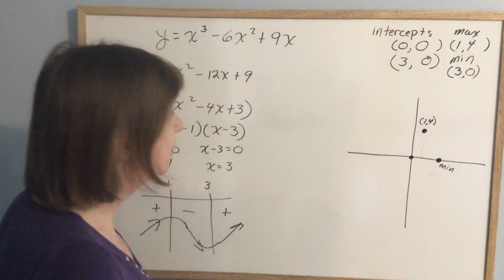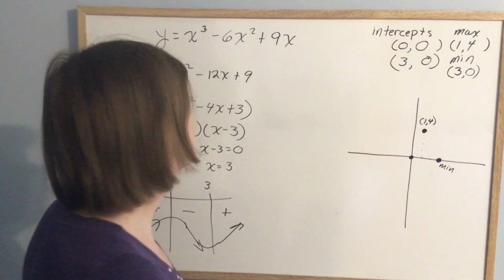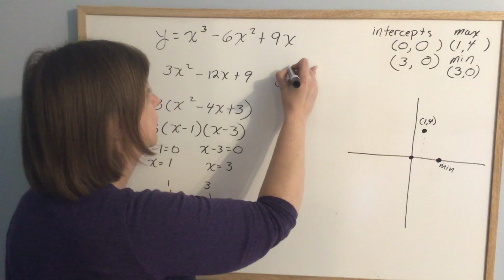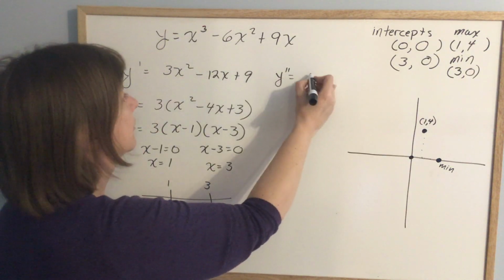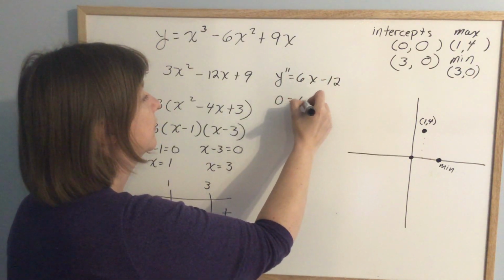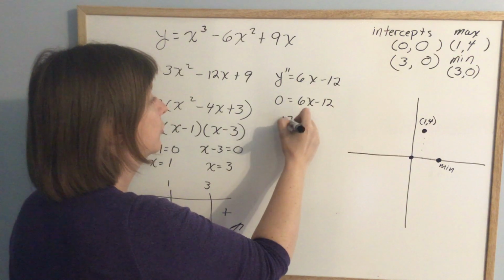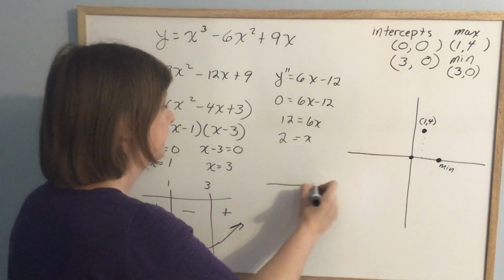All right, so now I have to figure out concave up, concave down, points of inflection. So that's the second derivative. So that's going to be 6x minus 12. I'm going to make that equal to 0. So 12 would be 6x, so x would be 2.